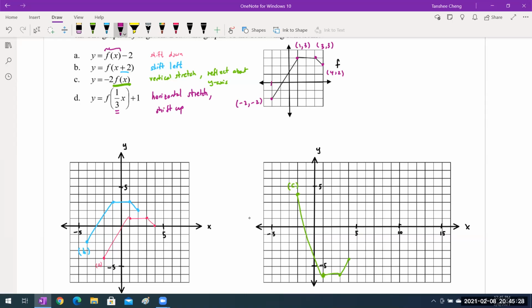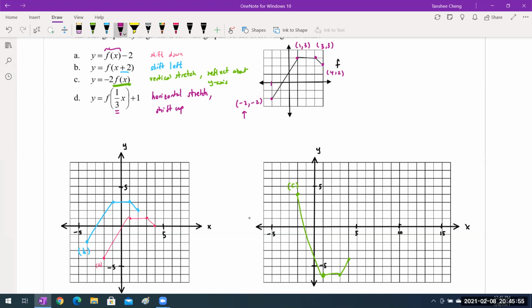So stretching horizontally is important to know how to find out. At this level, I want you to think about it mentally, but if not, then you will be able to use algebra. Right? Our original x value on this point, the very left endpoint, is x is -2.